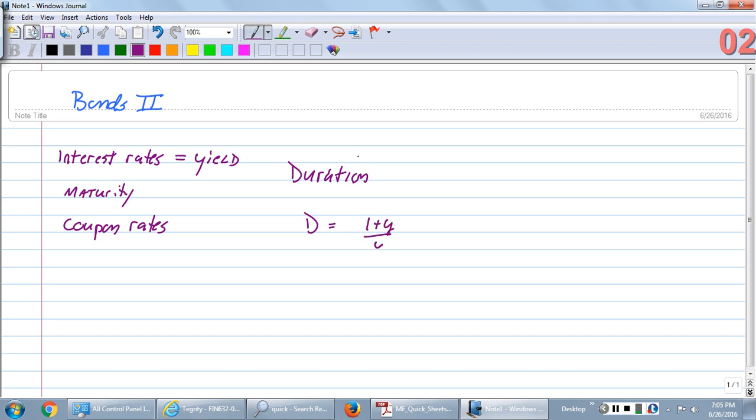The formula is (1 plus y) over y, minus (1 plus y plus t times (c minus y)) over c times ((1 plus y) to the t power minus 1) plus y. Just notice our formula here. We've got yields, that's the y, we've got maturity, that's time, and then we've got coupon rate.